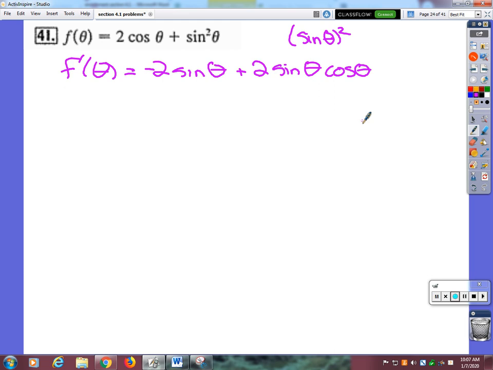All right, what can I factor out of that? -2 sine. Woo! Sorry, Shelby. All right, -2 sine theta. If I factor that out, that leaves me 1 minus cosine theta equals 0.